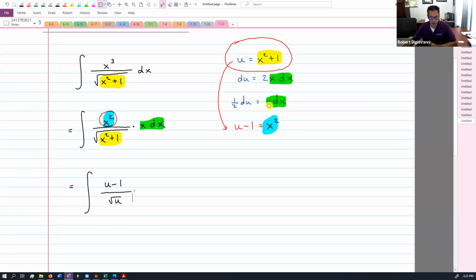The x dx turns into what? What is it equal to? Oh, the 1/2 du. Okay, so I'm going to put the 1/2 out here. And then I'm going to leave the du back here.